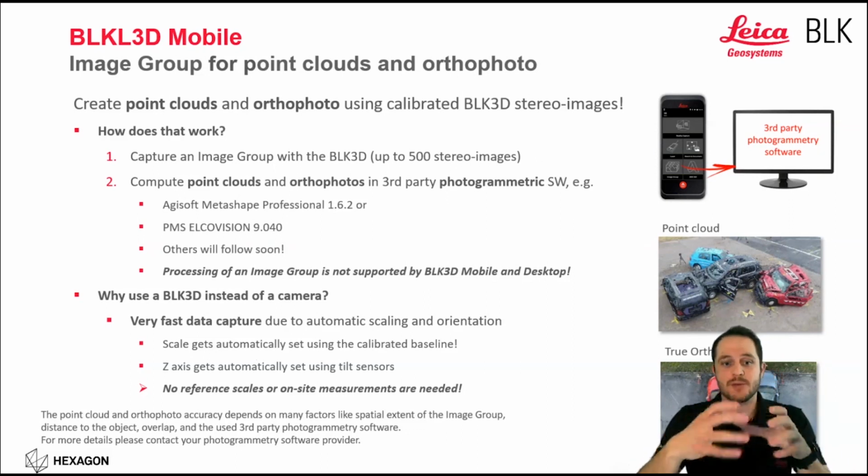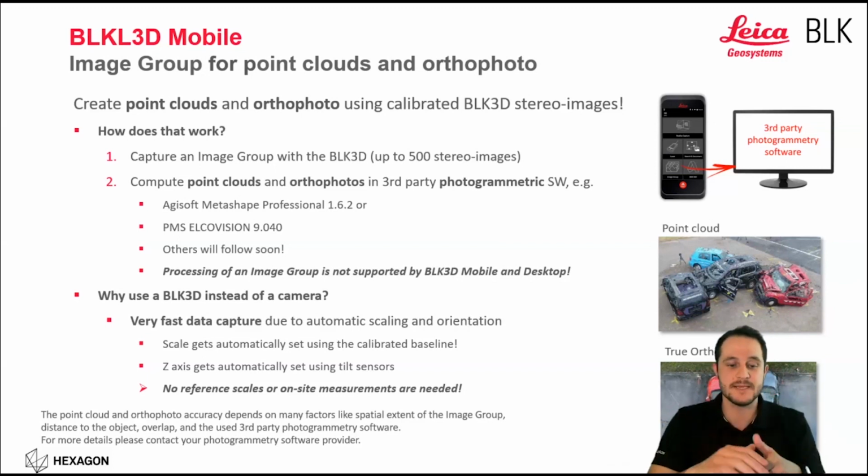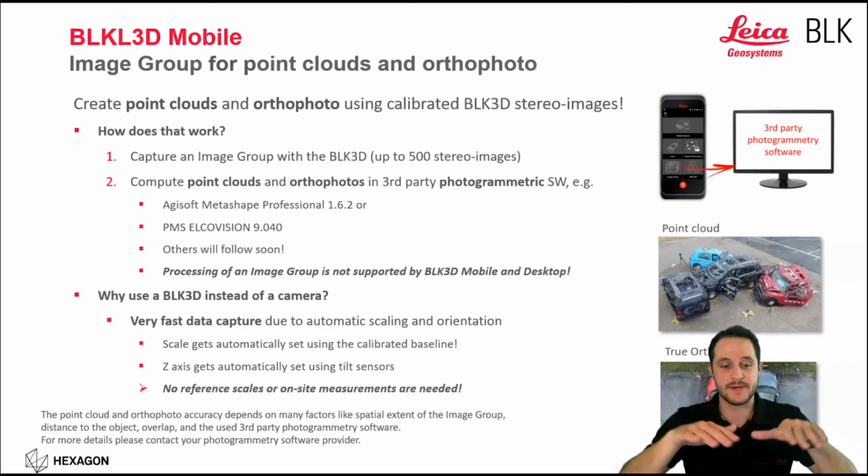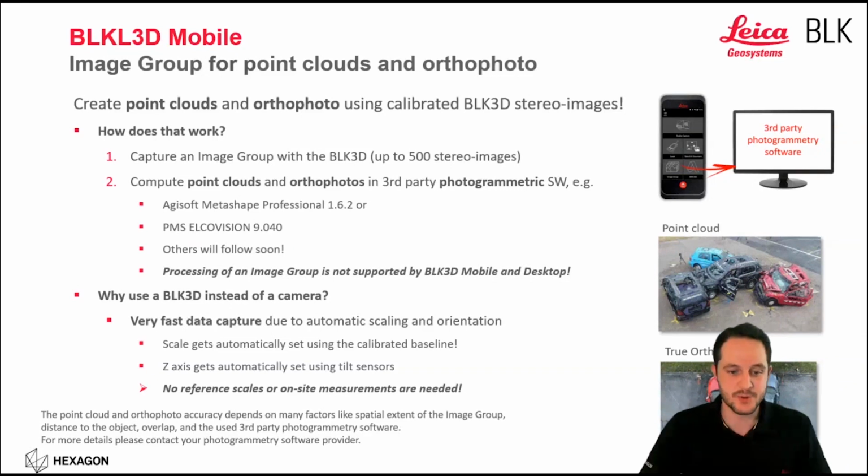So when you open a model, it's not floating somewhere in space, but it's in the correct position because we have the tilt sensor inside the device. It's pretty cool, and it saves you a ton of time because you don't need all these reference measurements, or to be sure you have the equipment and things like that. You only need this device to create big point clouds.